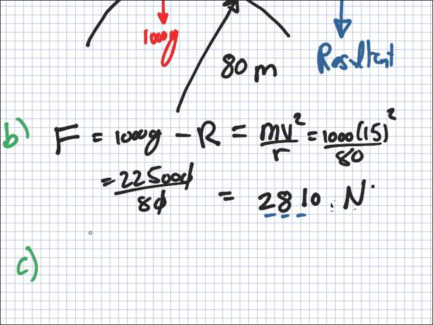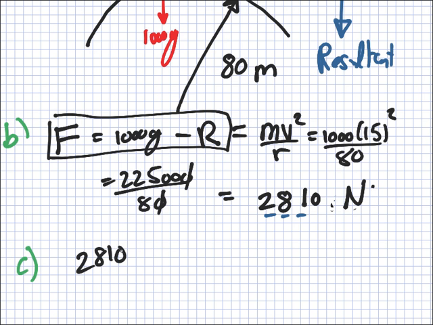Right, what's C? Show that the total reaction force from the road on the car is approximately 7,000. Yeah, so you can use this formula now. So you have 2810 equals 1000 g minus R. So what's that? 9810? I get that right? Yeah. Yes.